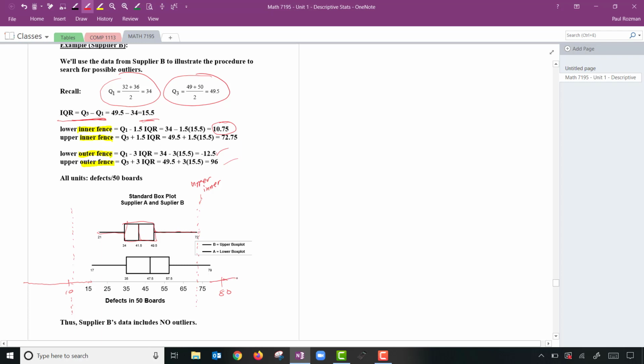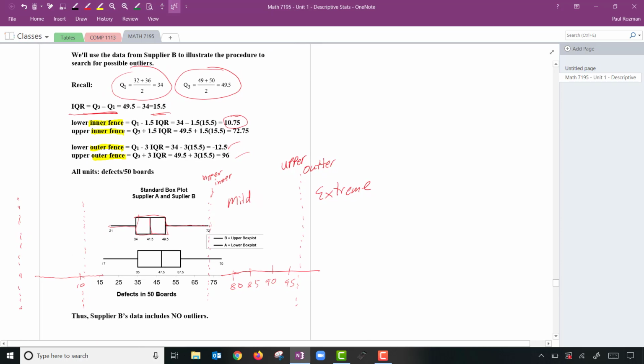And 96, way off the chart here. So we don't have any extreme outliers. This range is where we'd find mild, and this is where we'd find extreme. And we can have the same on the lower end as well. Negative 12.5 is off the page, and we don't have to be concerned with any values there.